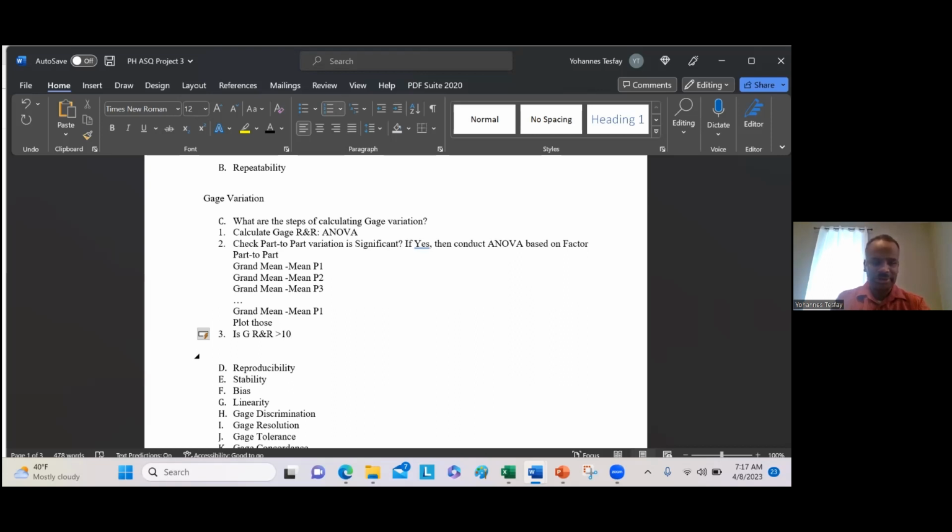Just like this, 10%. So if GR and R is greater than 10%, what does that mean?